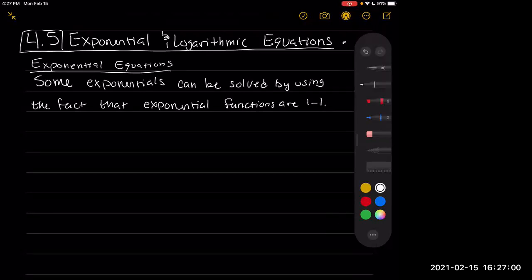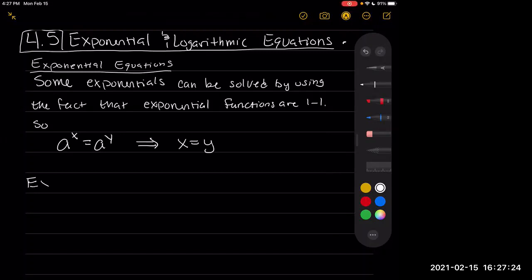So what this means is that since they have a unique output for every input, we can undo them to look at what the solution would be. So for example, if we were to have a to the x equaling a to the y, this would imply that x equals y.